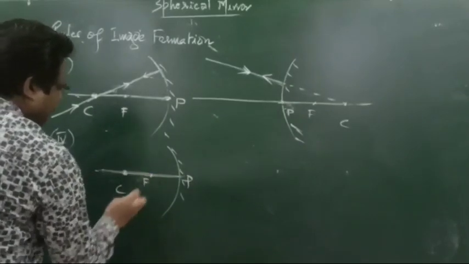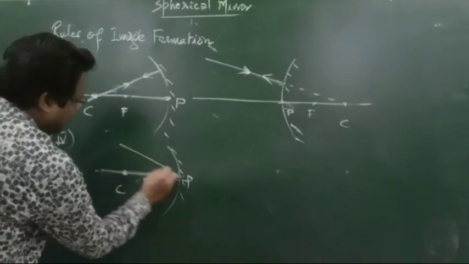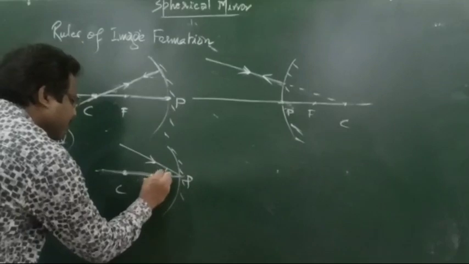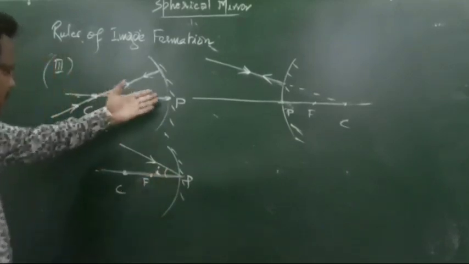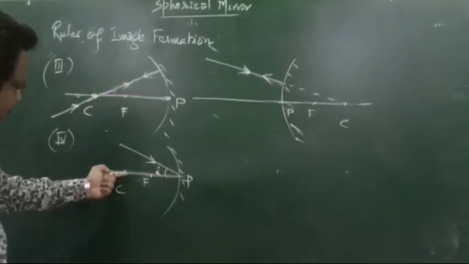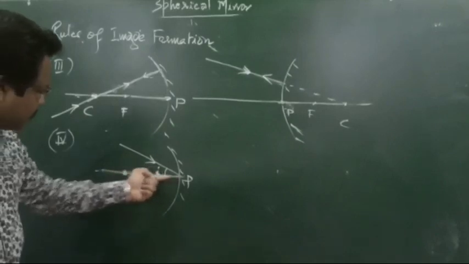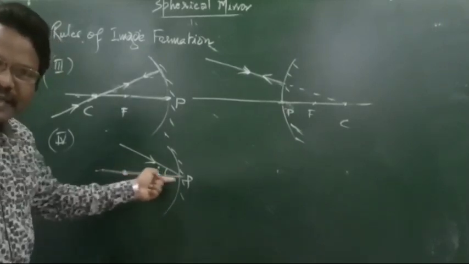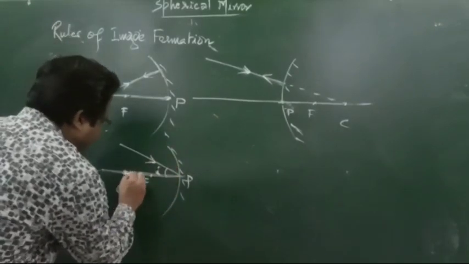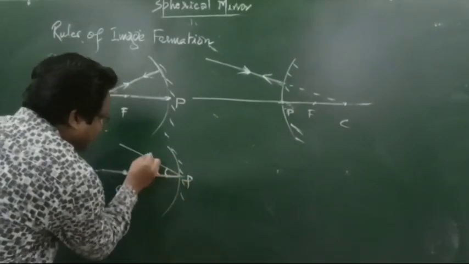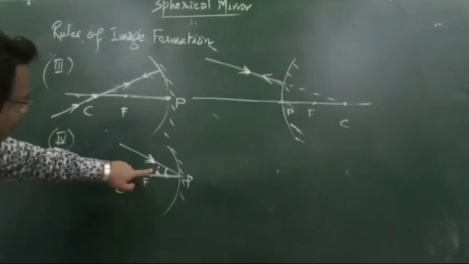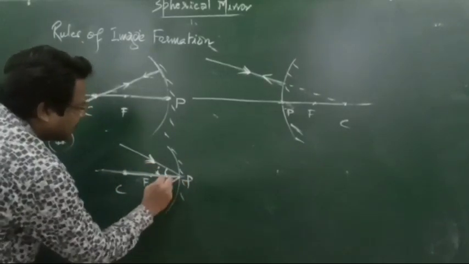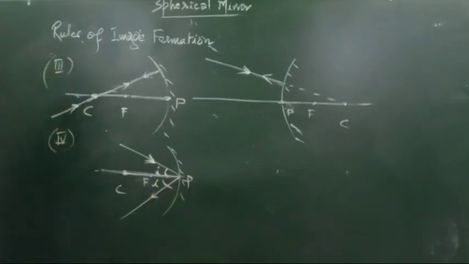Suppose a ray is incident exactly at the pole, making an angle I. As I told you just now, the line through the center is normal, because the radius is normal to the surface. So this incident ray makes an angle I with the normal, and after reflection the angle of reflection should also be I.